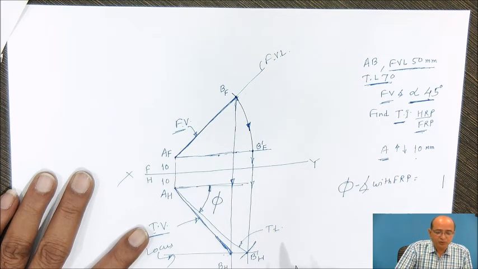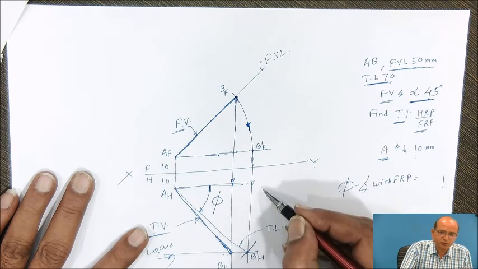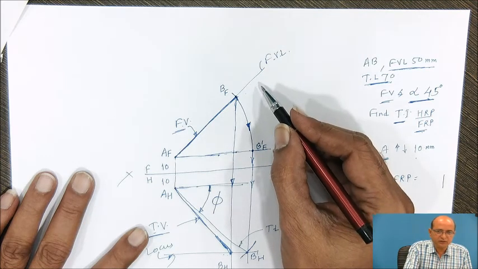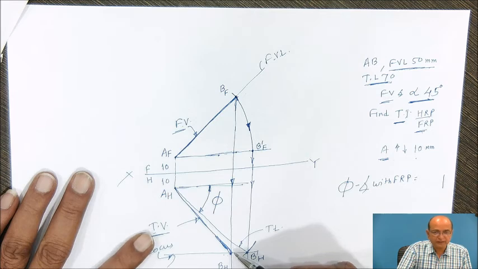Now to obtain the true angle with HRP, is it necessary to rotate the B H point and get the true length over here? No. This can be obtained by directly taking the distance in the compass as 70 millimeter.